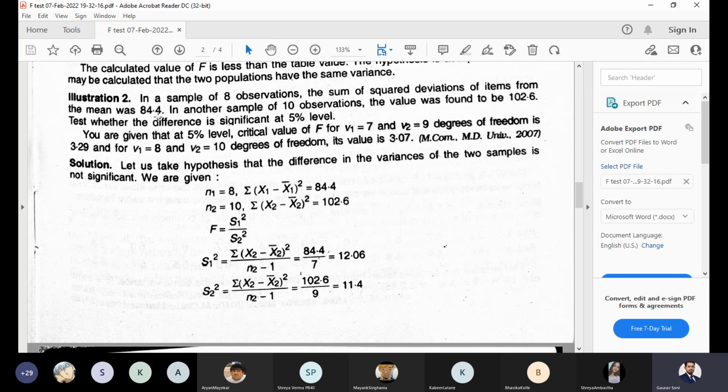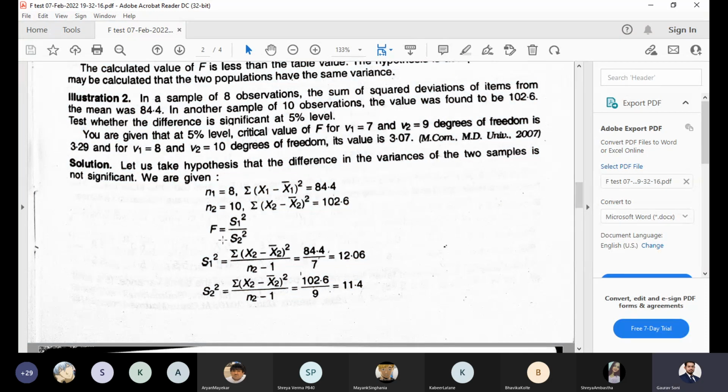In another sample of 10, the value was found to be 102.6. Okay, so sum of (x2 minus x2 bar) square is given. The sample size for both of them is given. So n1 is 8. These are the values given.